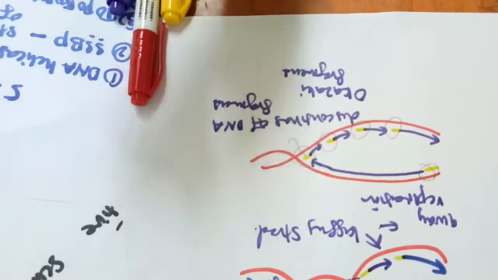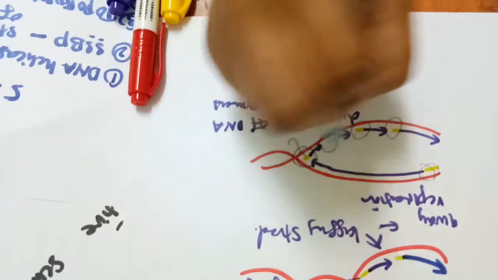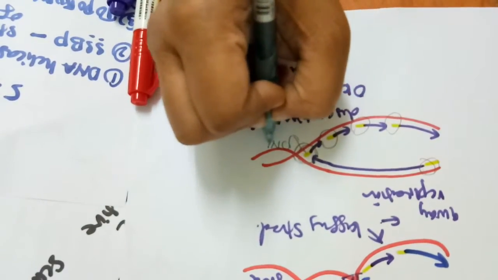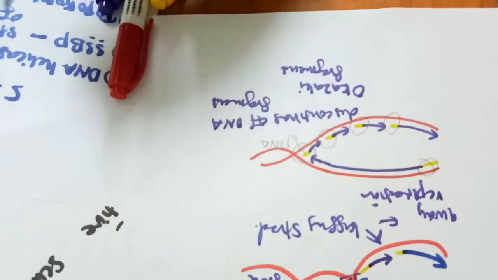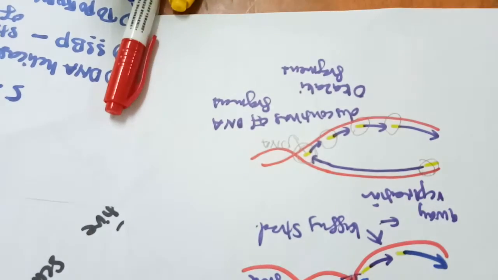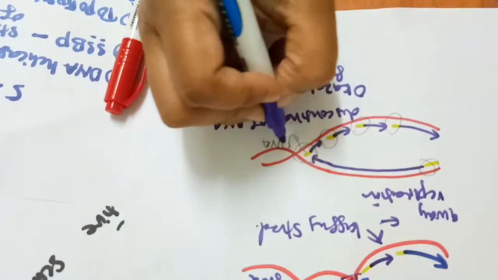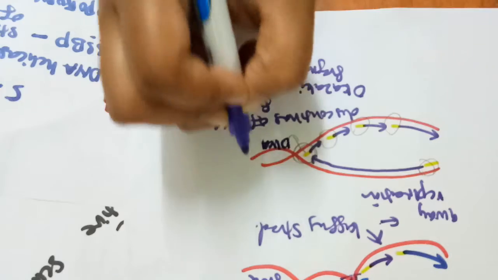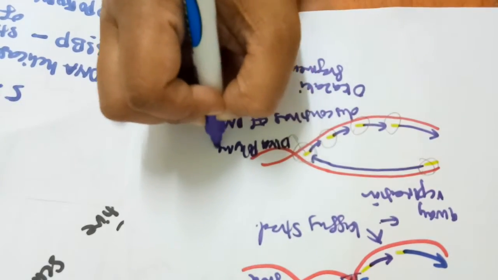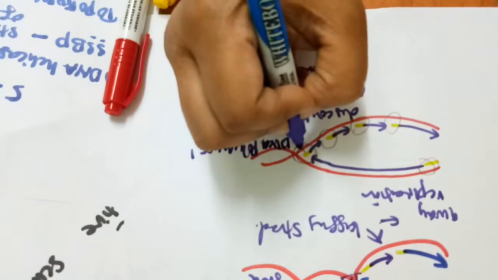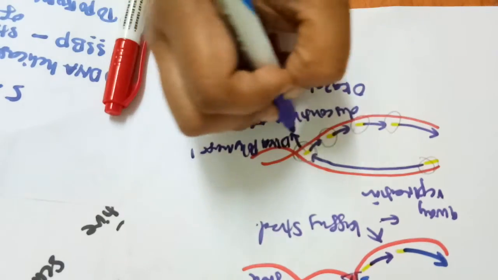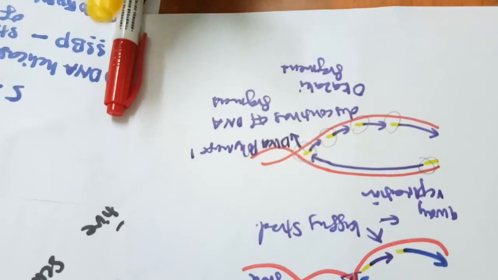How to remove it? This involves DNA polymerase 1. DNA polymerase 1 will remove the RNA primer.